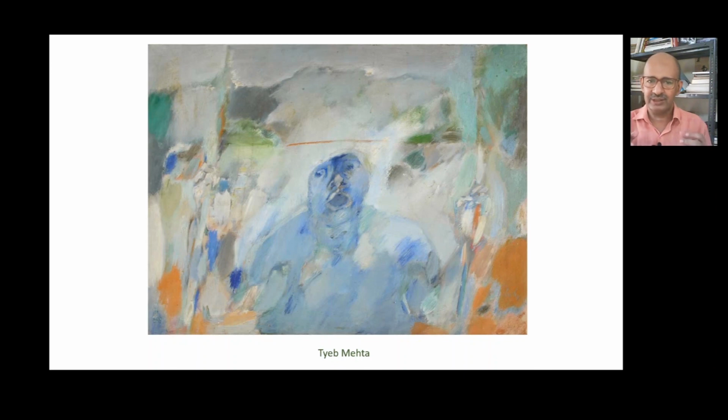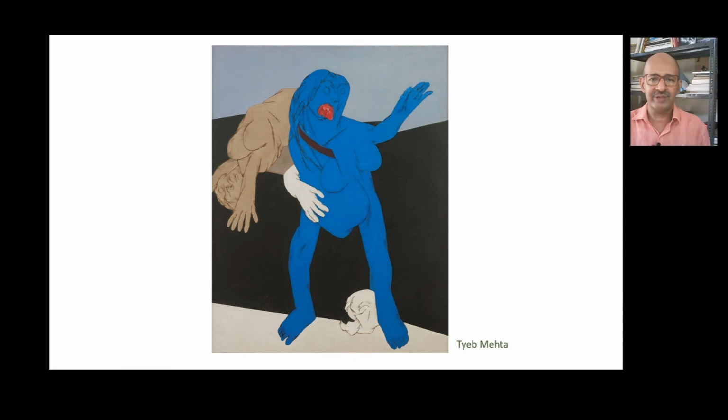So the anonymous identity is still there, but despite this anonymity, what an artist like Taib Mehta does is he tries to bring all kinds of expressions within the human body, and he tries to build human bodies, human figures with a new kind of anatomical distortion, anatomical stylization, and this new figuration definitely contributes to the developments of modern Indian art from 1950s.